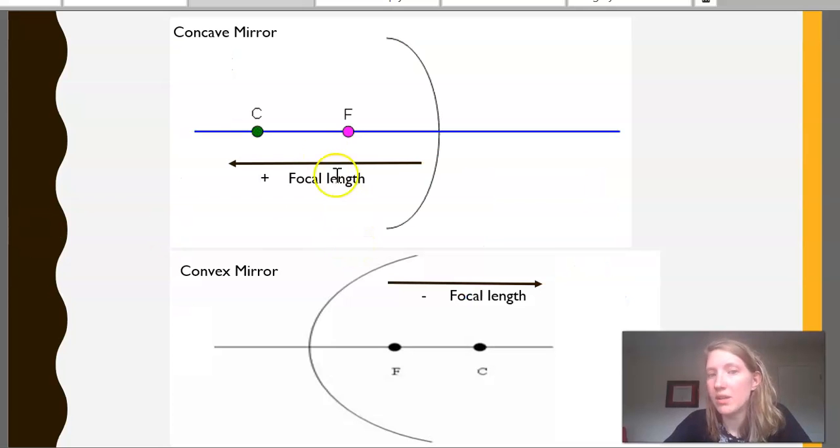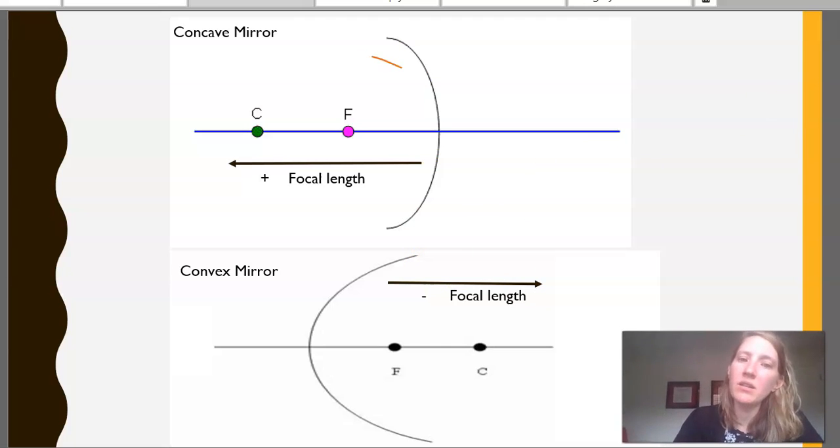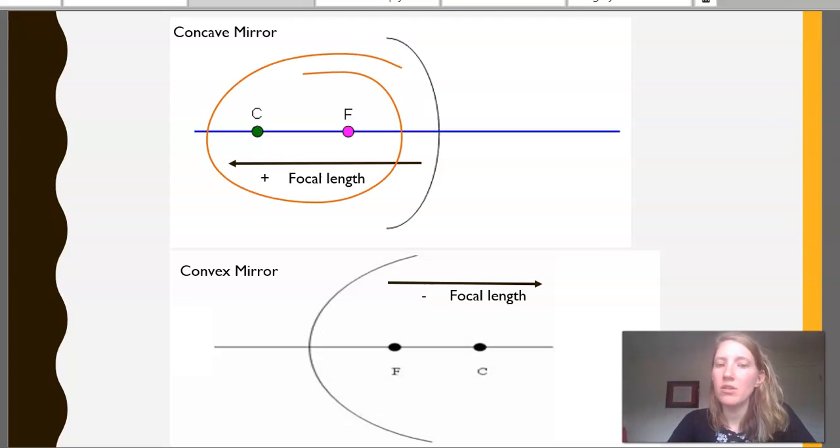All right, so now focal length. For a concave mirror, the focal length is in front of the mirror, and for convex, it's behind. And for our purposes, anything that is on this side of the mirror to the right, or on the same side as the observer, think of like your eyeball is here, okay?